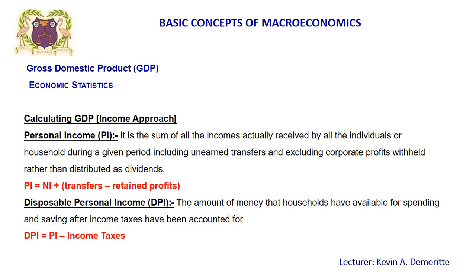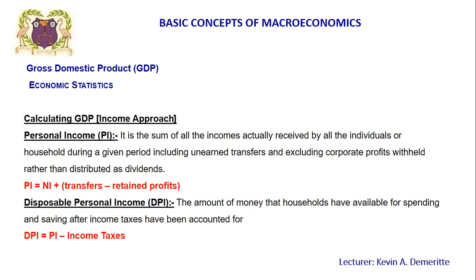So that will be corporate profits withheld rather than distributed as dividends. Obviously, we can't count it as part of your personal income because it's not hitting your bank account. So when we talk about personal income, we talk about all the monies that you would earn plus unearned transfers, and we will exclude dividends that are withheld. And you see that the calculation for that is PI equals NII plus transfers minus retained profits.